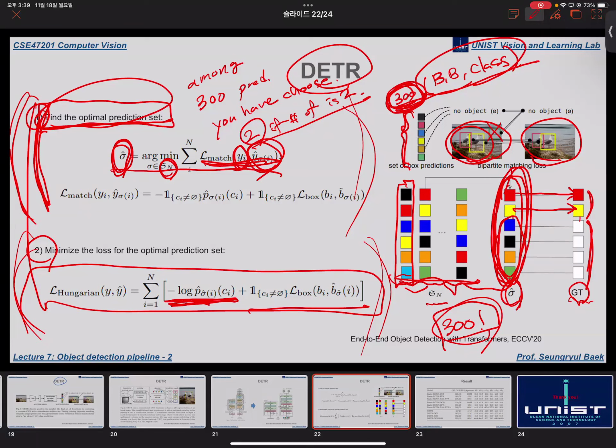But YOLO is still best, showing the best trade-off between speed and accuracy. But this year, real-time DETR appeared, right? Some researchers are tuning DETR to have both good accuracy and good speed.